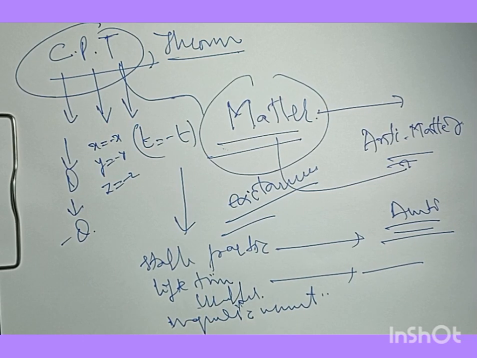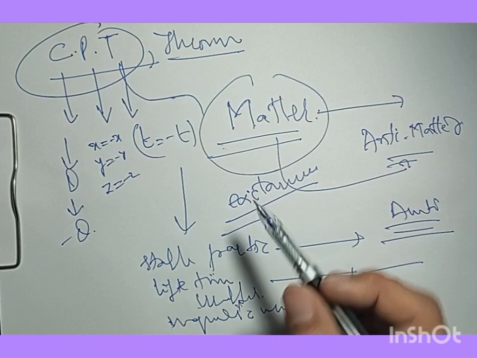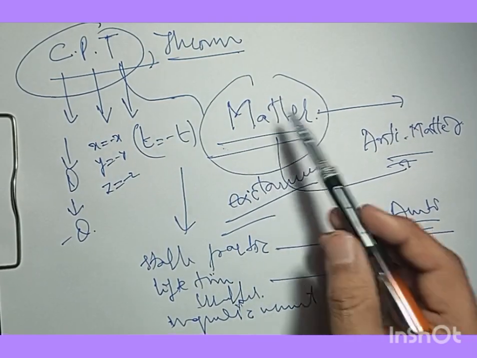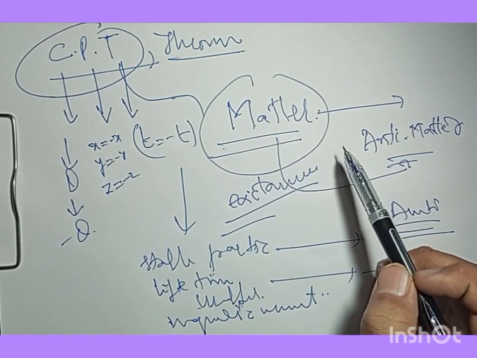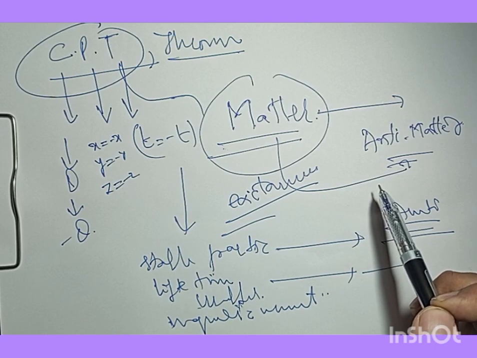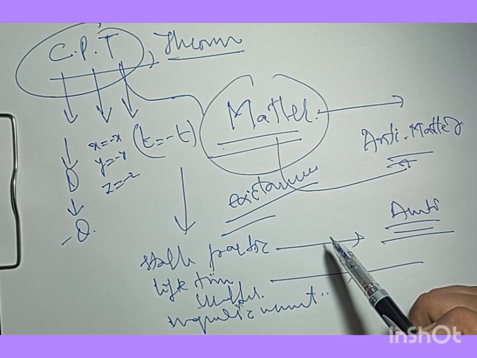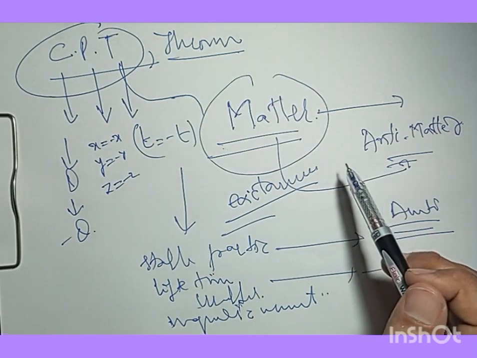We call it the spin statistics theorem. For example, particles having integral spin we call bosons.